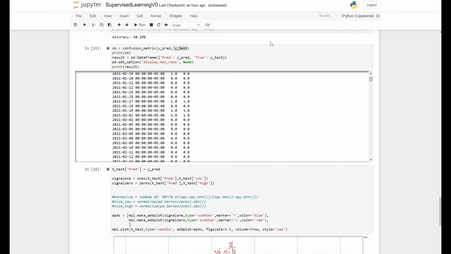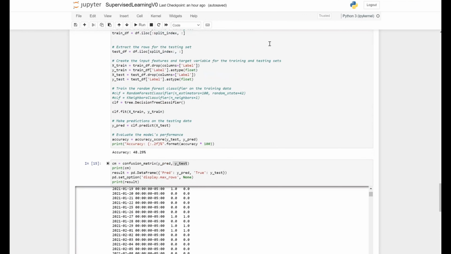So let's just try nearest neighbor to see what we get. We will try 3 nearest neighbors, k equal to 3. In other words, in order to make a prediction for a testing record, we first find the 3 nearest neighbors from the training data set.